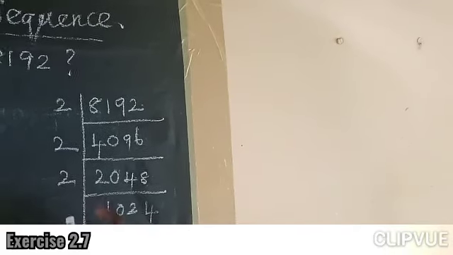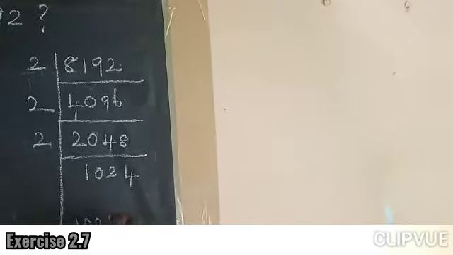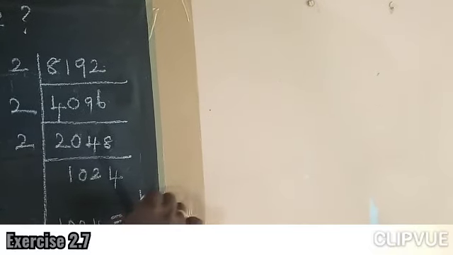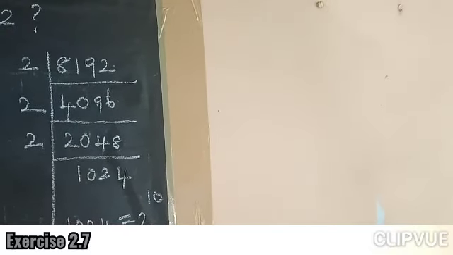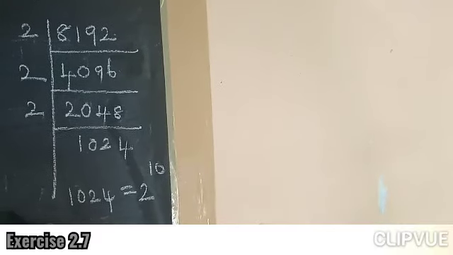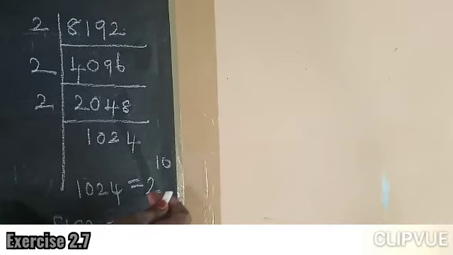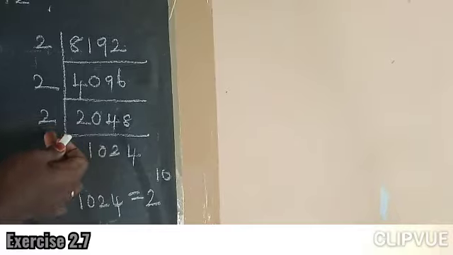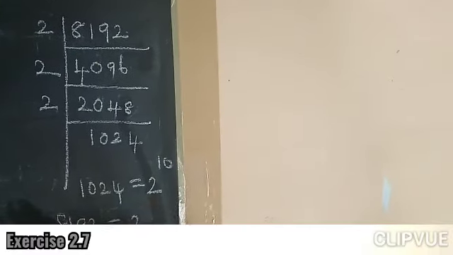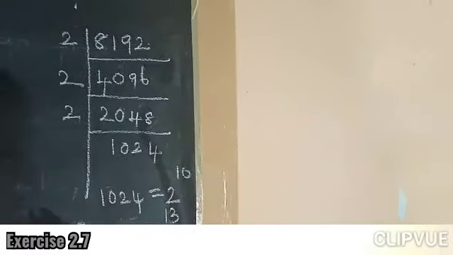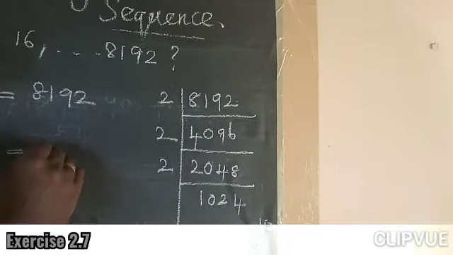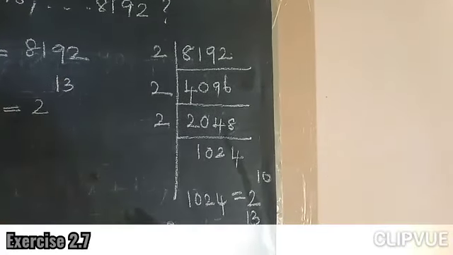You know very well this 1024 is equal to 2 power 10. So 8192 can be written as 2 power 10, 11, 12, 13. So 2 power 13. Instead of this 8192, I am going to write 2 power 13.